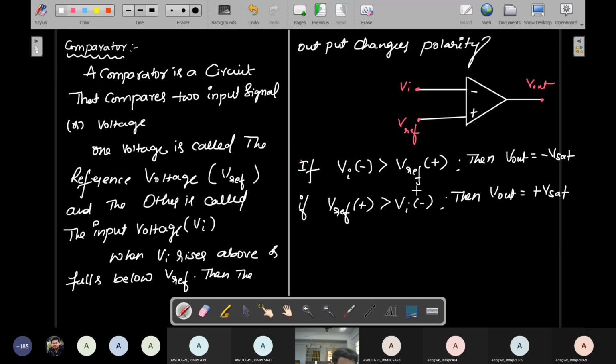When Vi rises or falls with respect to VREF, the output voltage changes its polarity. If Vi is greater than VREF, the output voltage is negative saturation. If the reference voltage is greater than the input voltage, the output is positive saturation. I'll see this in 4 cases.